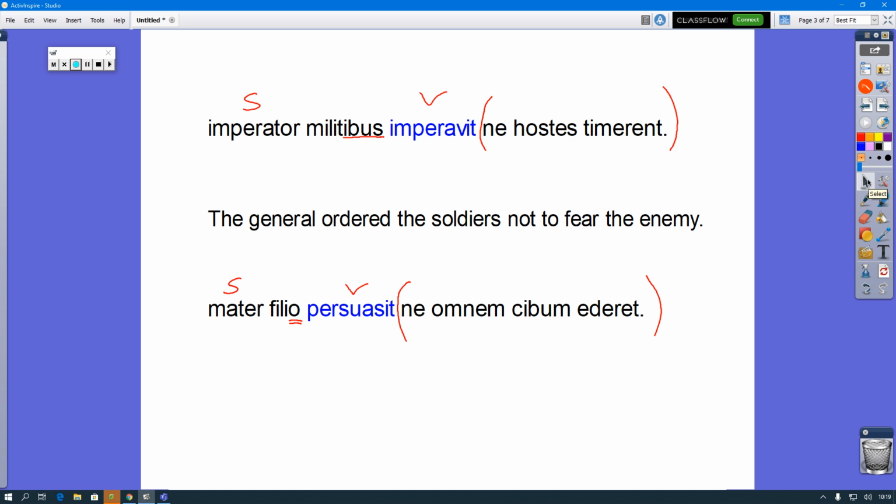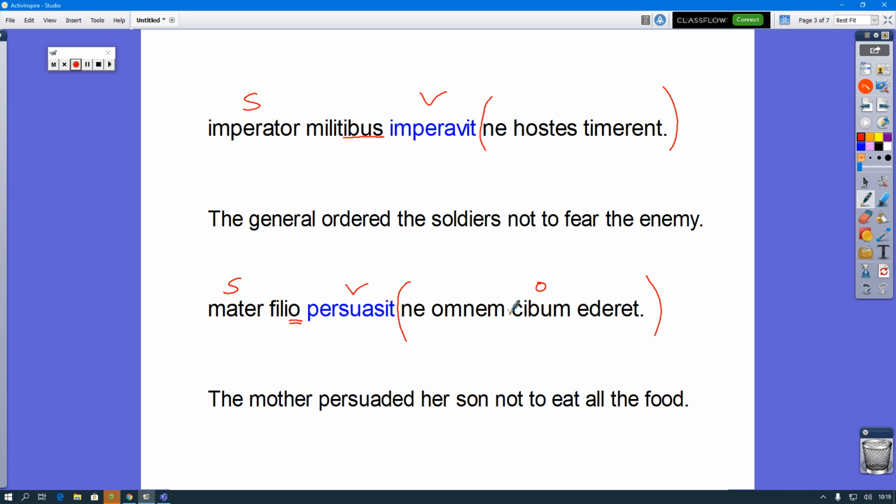The mother persuaded her son not to eat all the food. Nice obvious object there, coming after the verb. Edo, I eat. We get the word edible from it. The mother persuaded her son not to eat all the food.